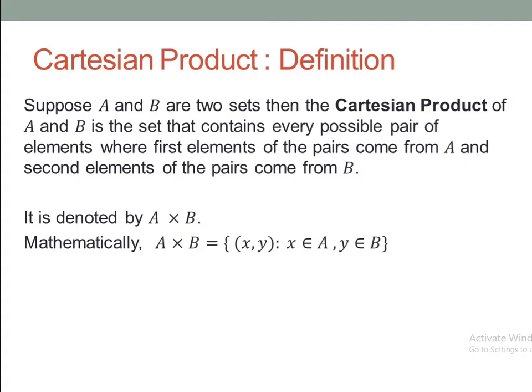It is called an ordered pair in which the first element x comes from the first set A and second element y comes from the second set B.